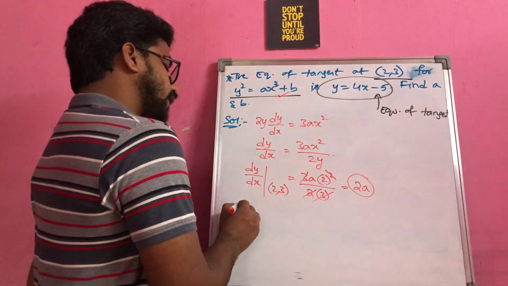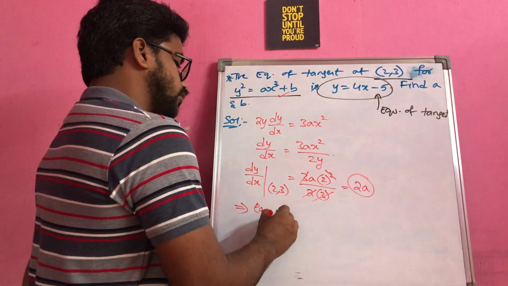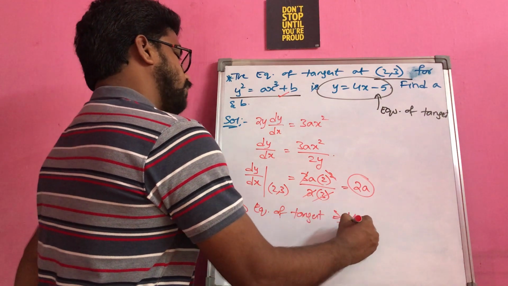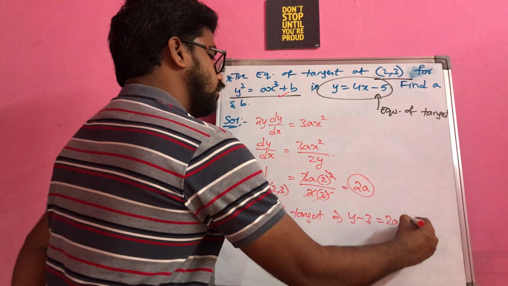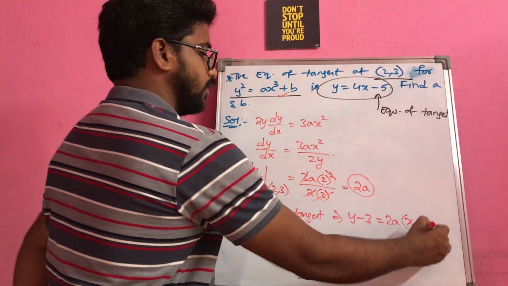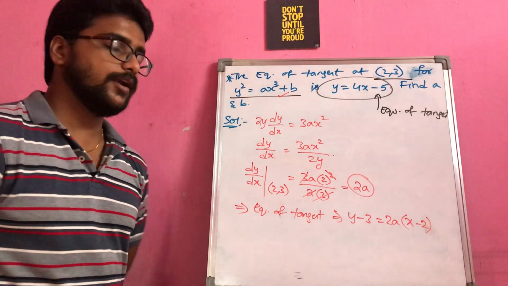Now my required equation of tangent will become y minus y1 is equal to m into x minus x1. x1 is 2 here. Try to simplify this and then we can get the values of a and b.